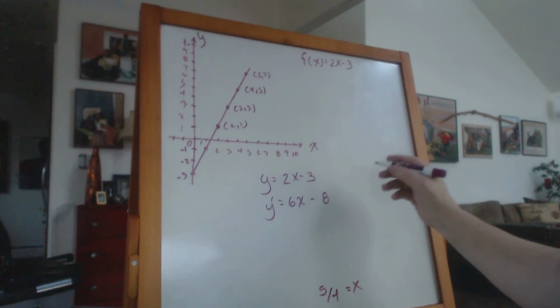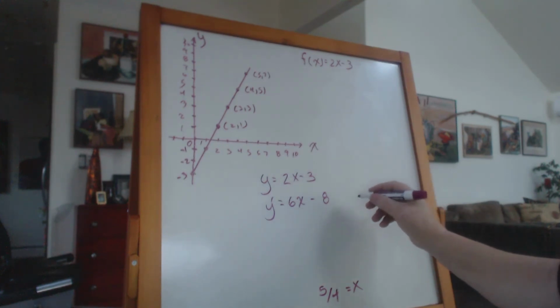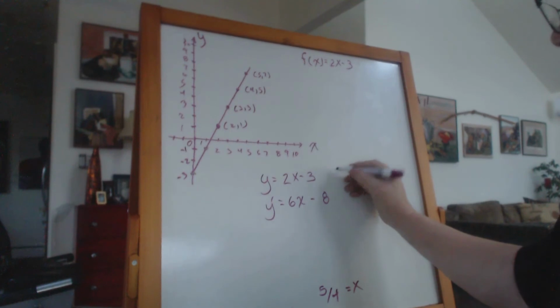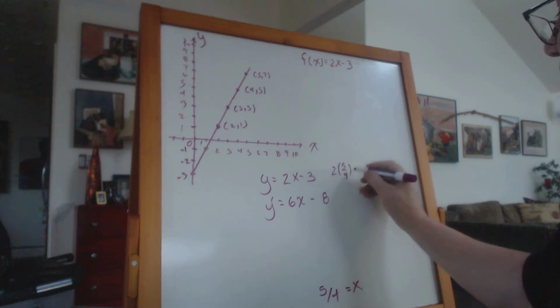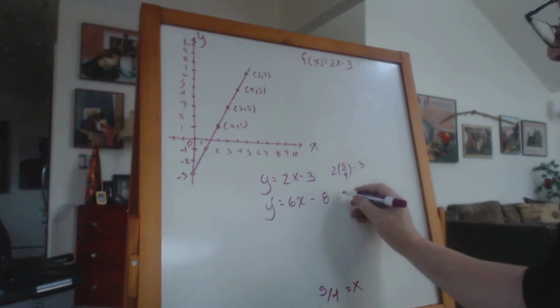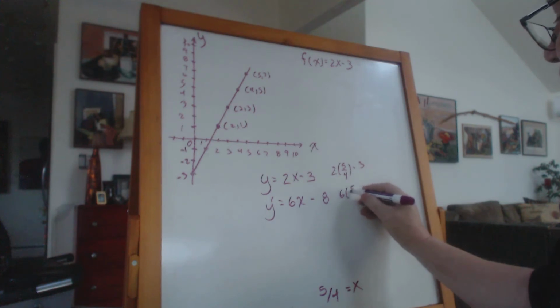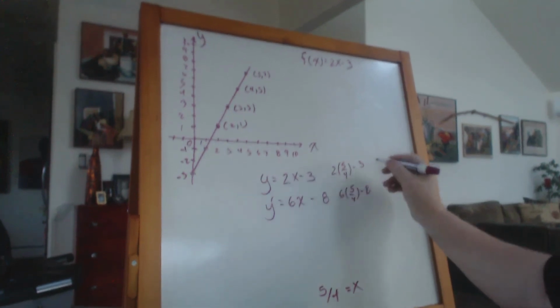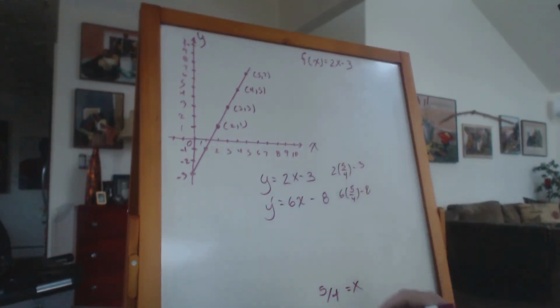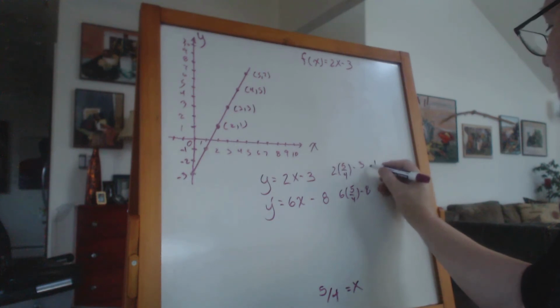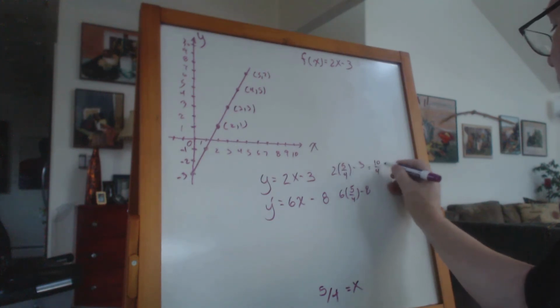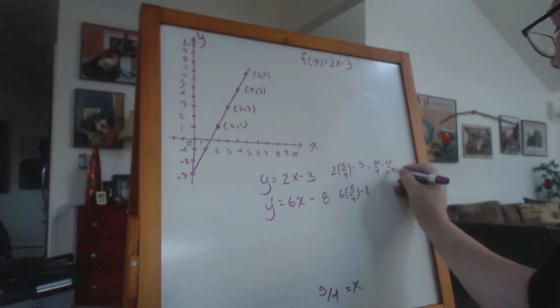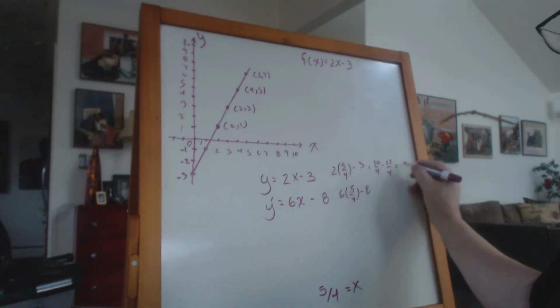So let's try 2 times 5/4 minus 3, and 6 times 5/4 minus 8. That's 10/4, and we have to make everything the same fraction, so we have 10/4 minus 12/4, and that's equal to minus 2/4.